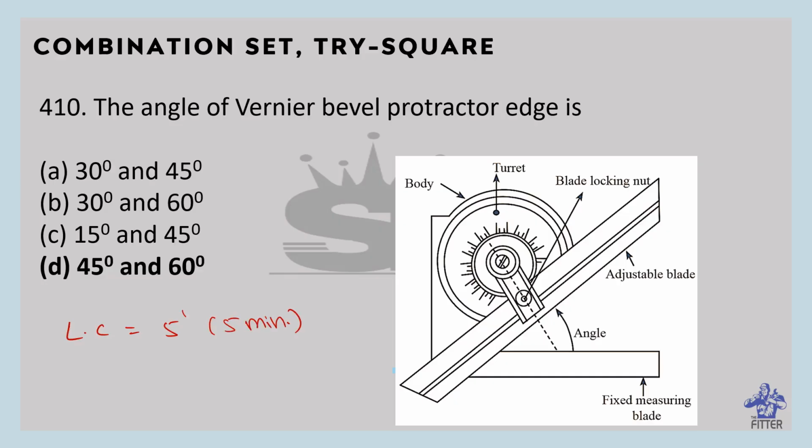Its design consists of a fixed stock and an adjustable blade. You can see in the image, the angle of the edge of the vernier bevel protractor is 45 and 60 degrees.